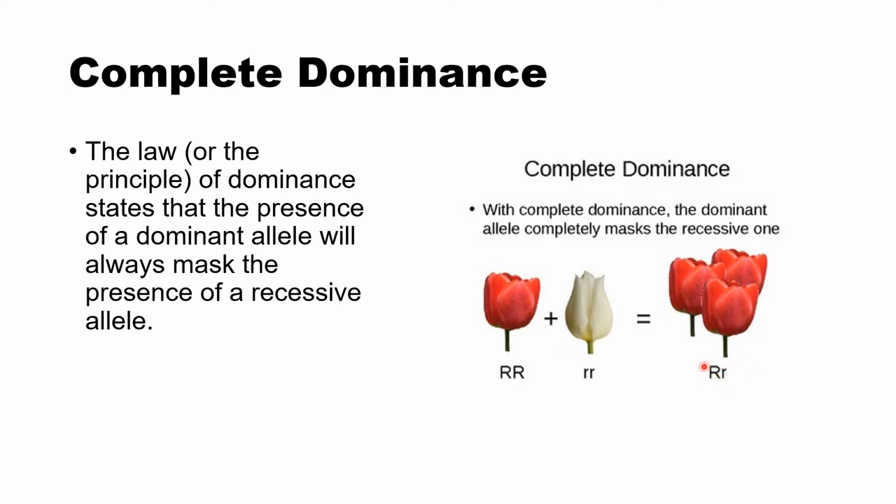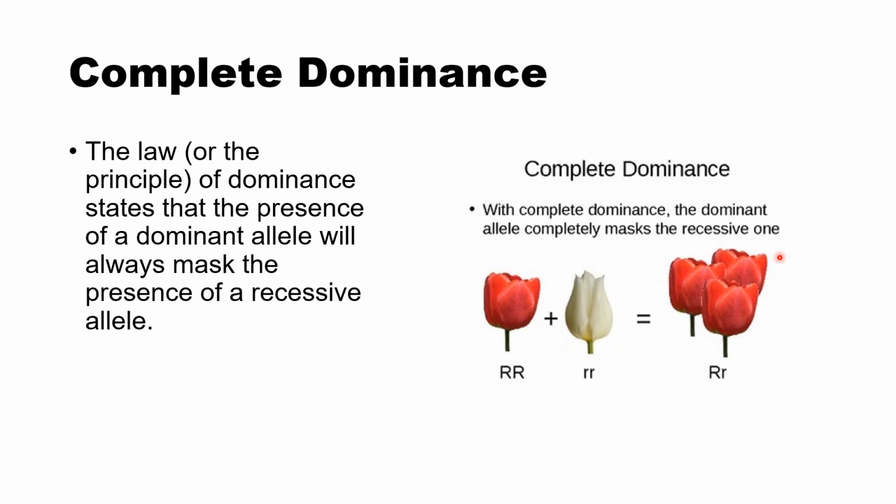Meron siyang dominant allele na capital letter R, and then meron siyang recessive allele na small letter r. Pero yung lumalabas pa rin na phenotypic characteristic niya is red. Kasi nga, complete dominant. The allele na dominant will always mask the presence of the recessive allele. So, yun yung definition ng complete dominance.